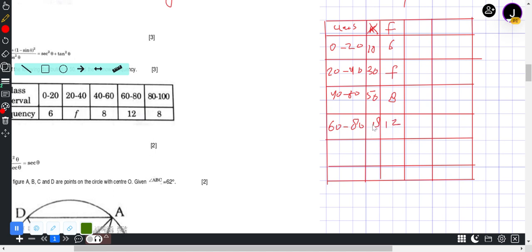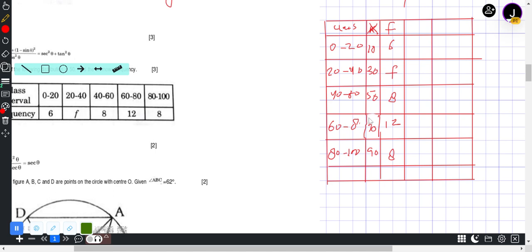Sorry, what 8? This 8 will not come. So this 60 to 80 is 12, and midpoint will be 70. Next one more class, 80 to 100. So this is 90, and this is 8.